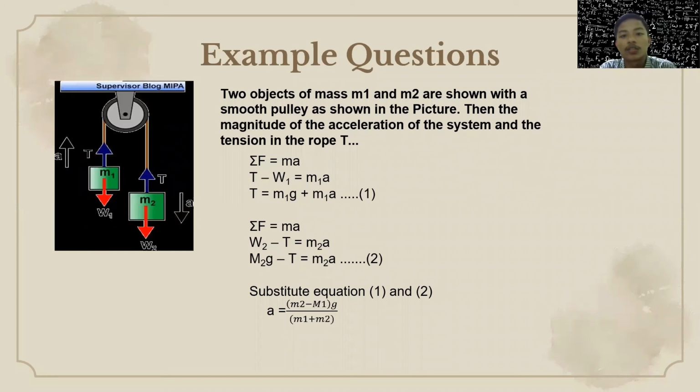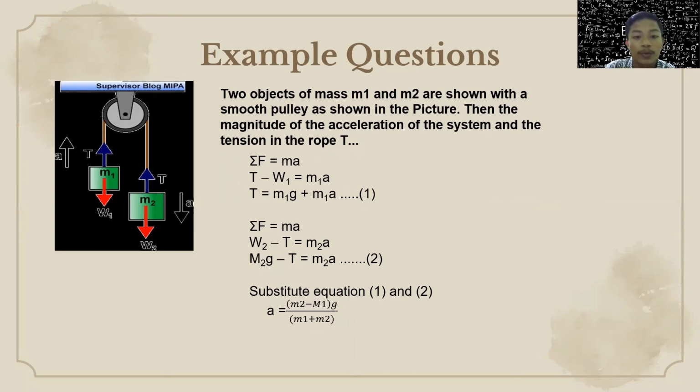Sample question. Two objects of mass m1 and mass m2 are connected with a smooth pulley as shown in the picture. Then find the magnitude of the acceleration of the system and the tension T. T is rope tension. Sigma F equals m times a.